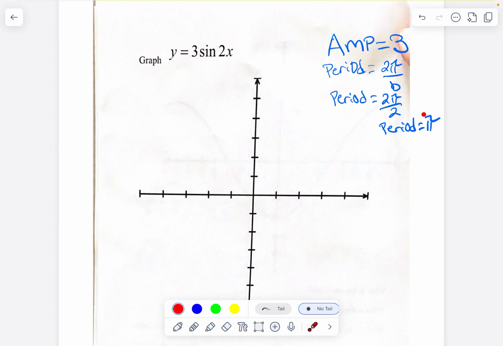For consistency's sake, for our unit, I like to keep my scales consistent. What do I mean by that? Whatever my period is, I'm going to divide it by 4, and then that'll be my scale for what I go up by. Why I'm doing that is because there's 4 important points when we graph a sine and cosine function, and this just allows us to see those points.